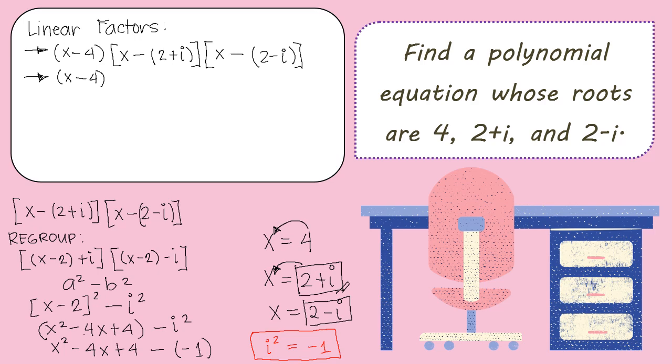And next to that, you are going to combine like terms. As you can see, we do have positive 4 constant and negative 1 constant. So we will have x squared minus 4x plus 4 minus negative 1. So applying the rules in subtracting integers, if we have 4 minus negative 1, keep, change, change, we will have this as positive.